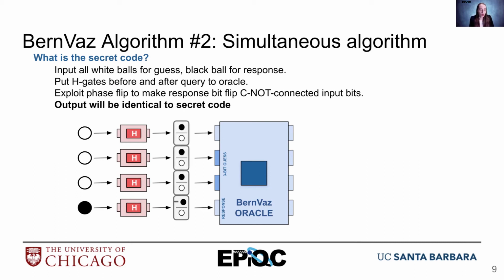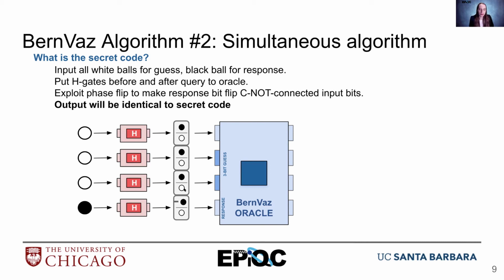By the way, this is a very common way to do an algorithm: put everything through a series of H gates at the beginning, and then through a series of H gates at the end to get back pure states, and then see what you've got.